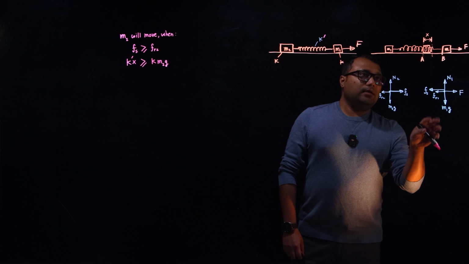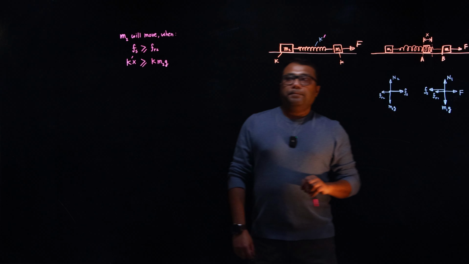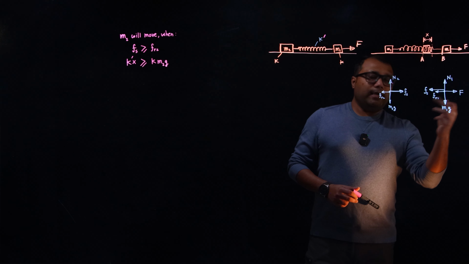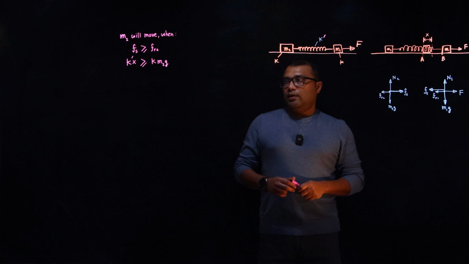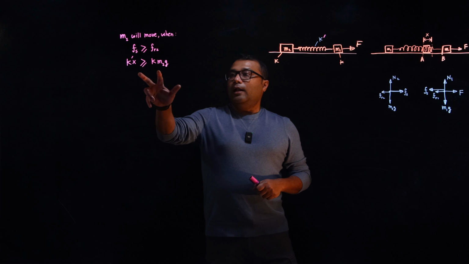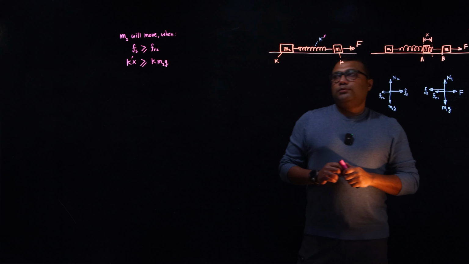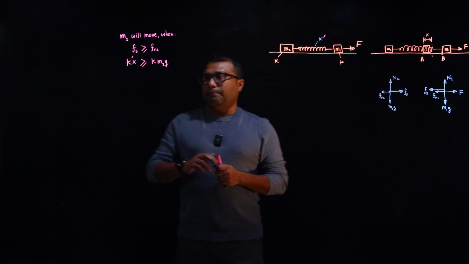Now let's look at mass m1. Our aim is to find the minimum F that will allow this to happen, so we have to find some correlation. This is what I am thinking.